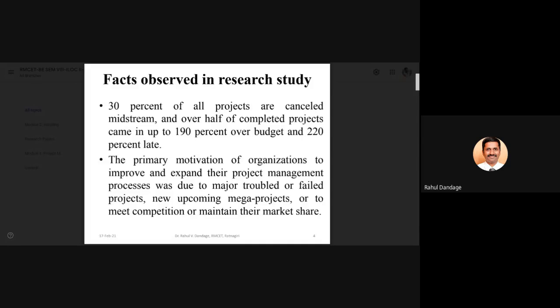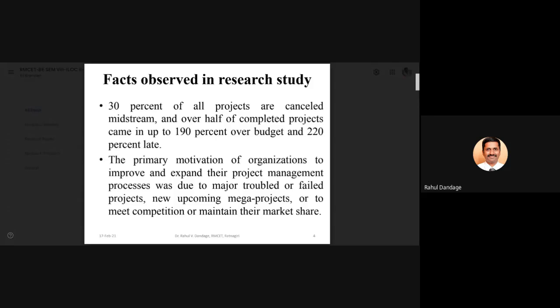So 190% cost overrun is found, and in 220% of projects we found a schedule overrun. So a huge amount of cost gets added, and a large amount of time is again involved in completing your project.